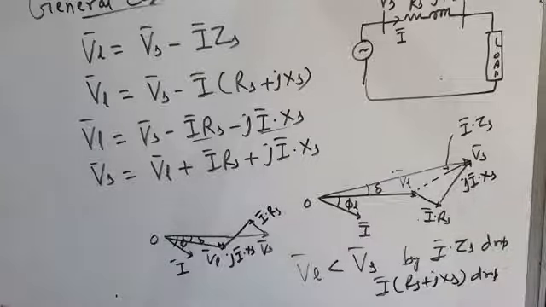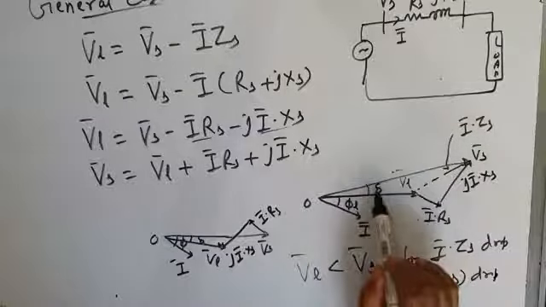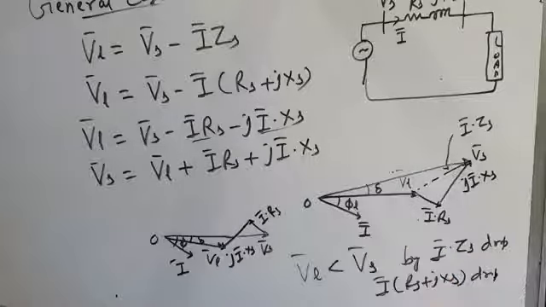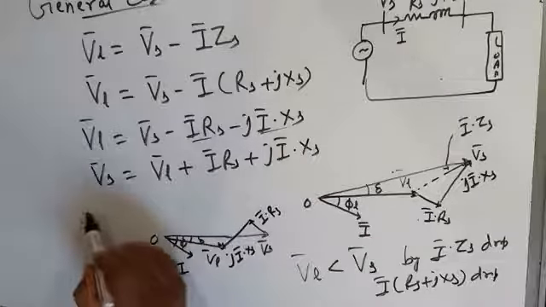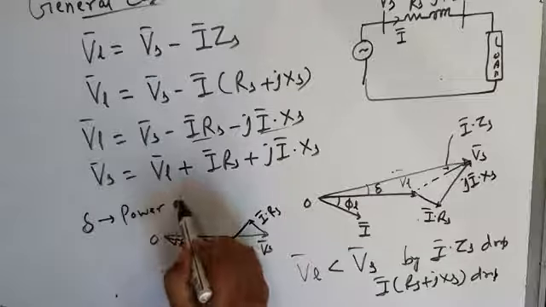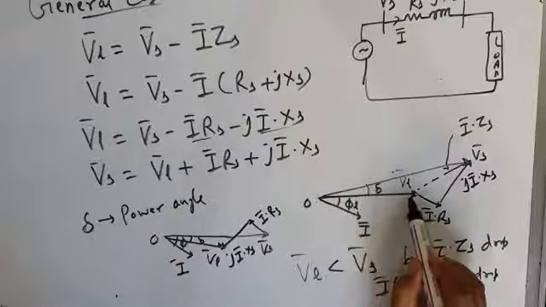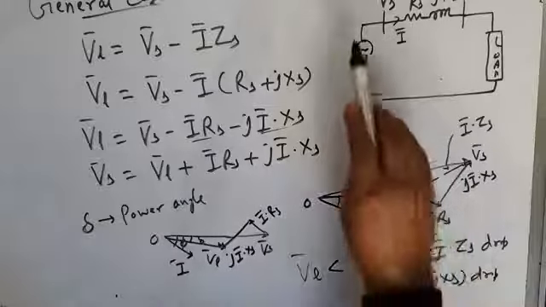Another very important point is that the source voltage phasor leads the load voltage phasor by phase angle delta. In this case also, Vs leads the load voltage phasor by delta, and delta is called power angle.